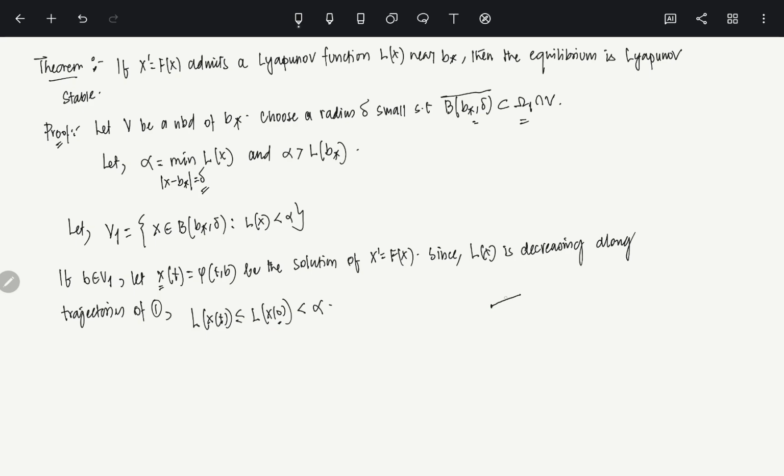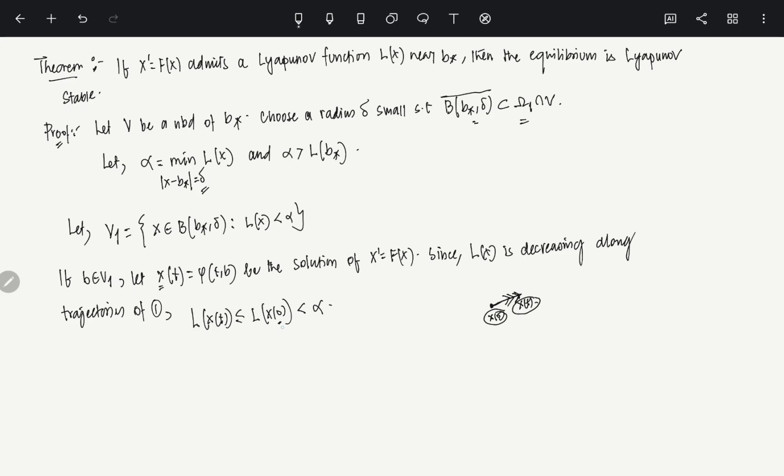And t is increasing. So at the point 0, this is x0 and let's say this is x of t. As the particle moves along this trajectory, L is decreasing. So at this x0 point, the value of L should be greater than the value of L at x of t, right? So that is what I wrote. L of x of t is less than or equal to L of x0.